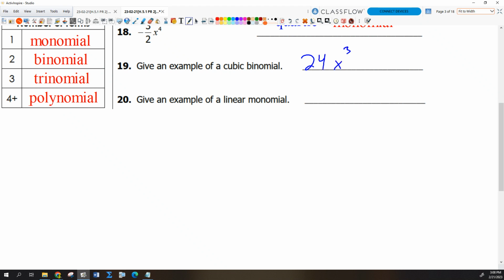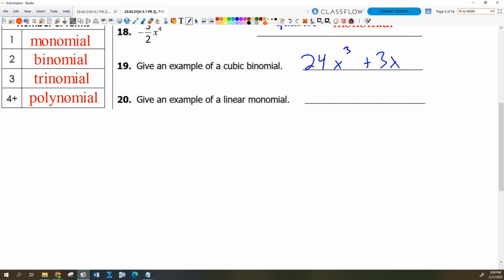I like that. So that's right, it's cubic because the degree is 3, but it's supposed to be a binomial, so I need something else. Plus 3x. Yeah, that works. Everybody agree?